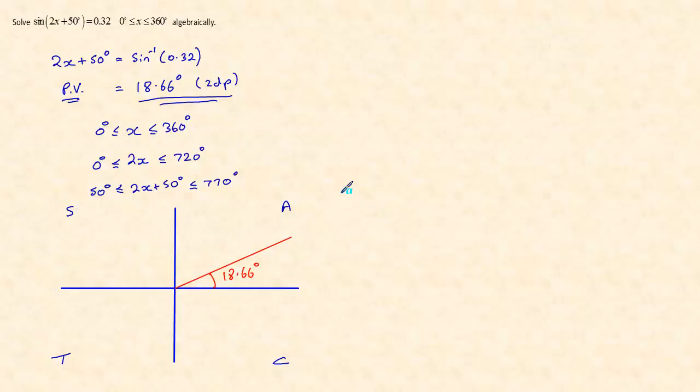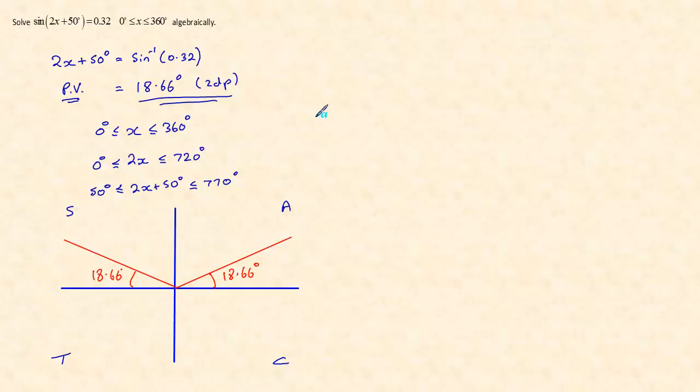Now the secondary value would be in the S quadrant because we had a sine that was positive, and sine is positive here. So that's going to be here, and the acute angle here will be 18.66.